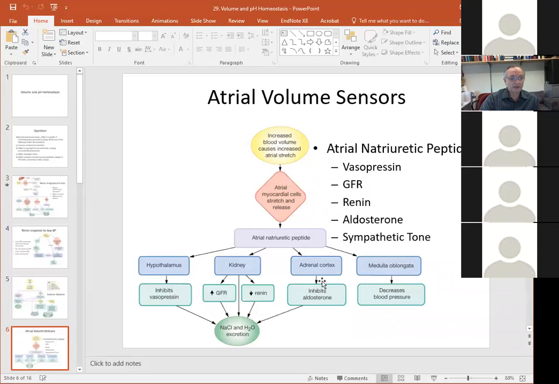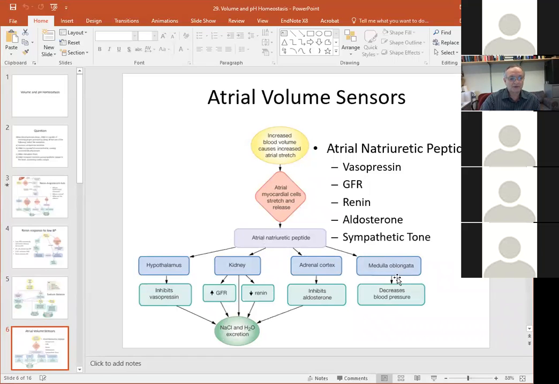The adrenal cortex will have less aldosterone, as we said, because there's less renin. So ANP affects the kidney directly, the hypothalamus, and the adrenal cortex to stimulate sodium chloride excretion if we have too much blood volume.